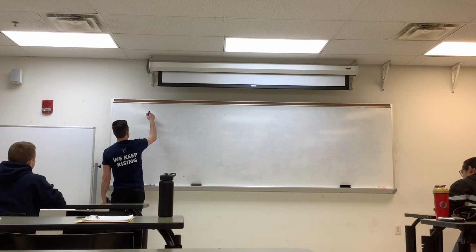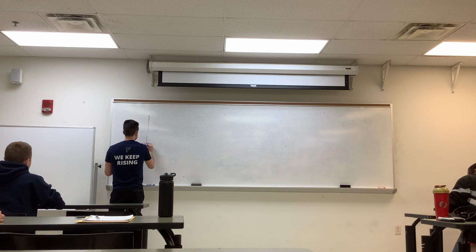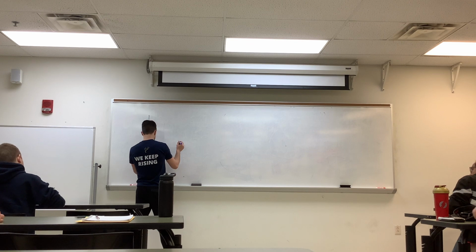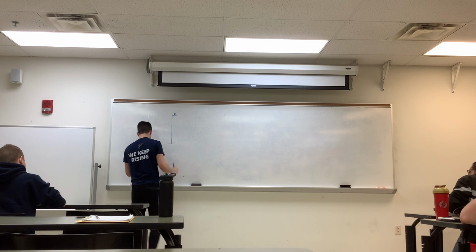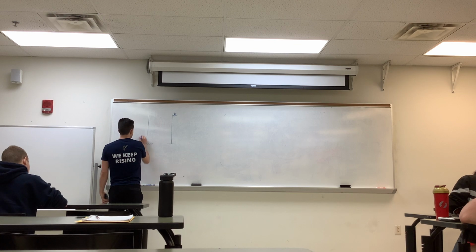Okay, we're just gonna do this one together then. So we have one column, let's just say that's fixed free, and then one that's going to be fixed pin. We have a length, 4 meters for each one.